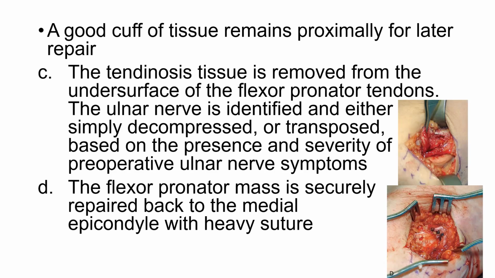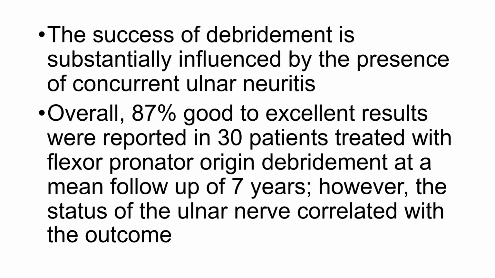So with this, you detach it just like you do with the extensor carpi radialis brevis at the lateral epicondyle. You remove the tendinosis, then you resuture it back. The success of debridement is substantially influenced by the presence of concurrent ulnar neuritis.